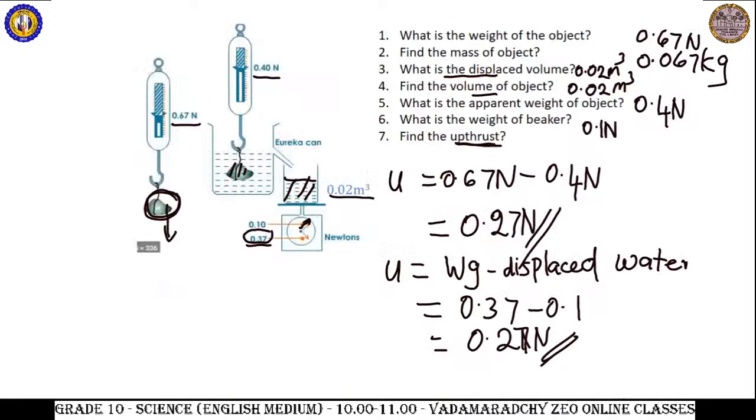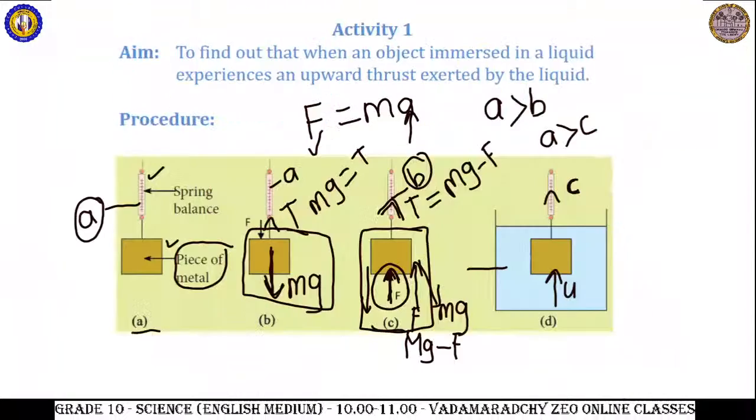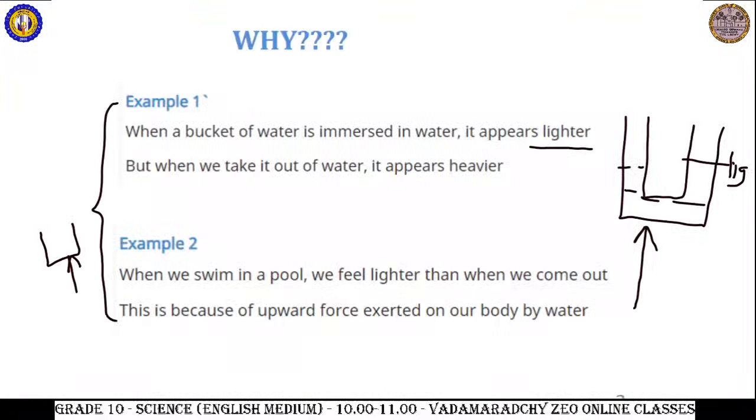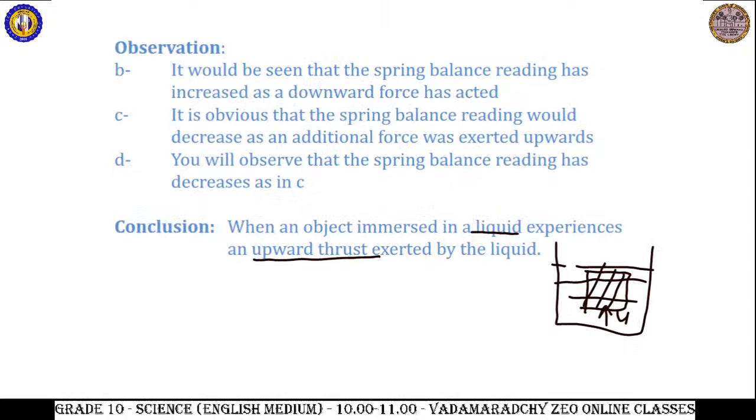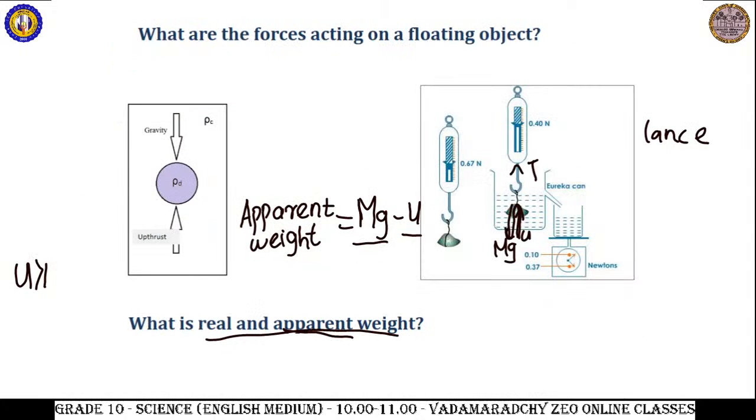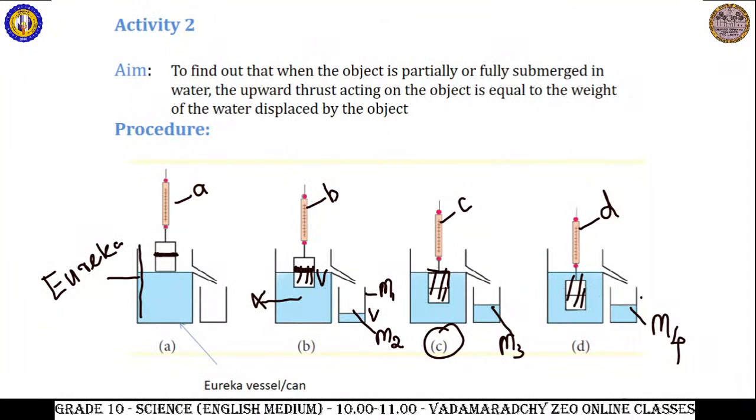Now we have studied the principle behind flotation. In our day-to-day life, we experience that some objects float while others sink. So what is the scientific reason behind this? We found that there is an upward force exerted by liquids when an object is immersed in water.